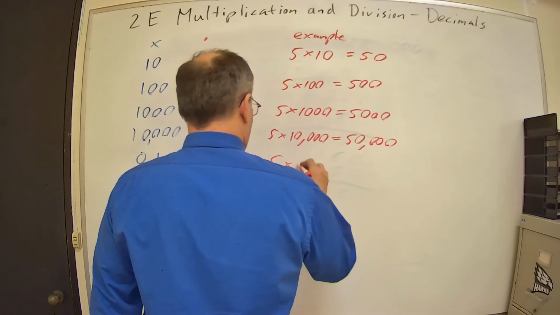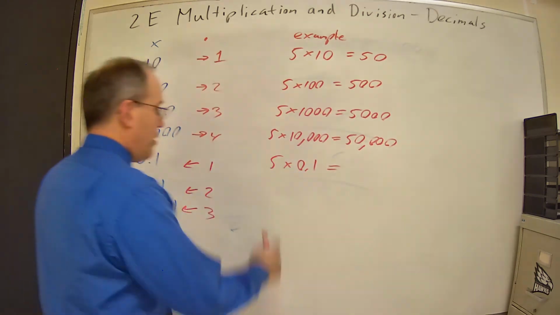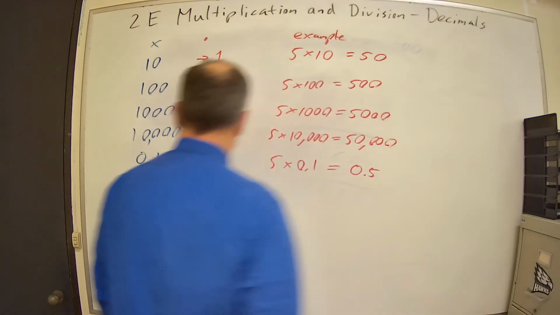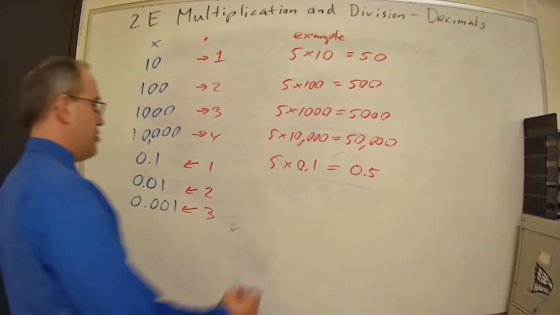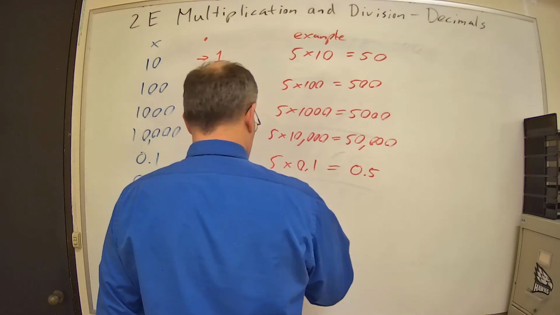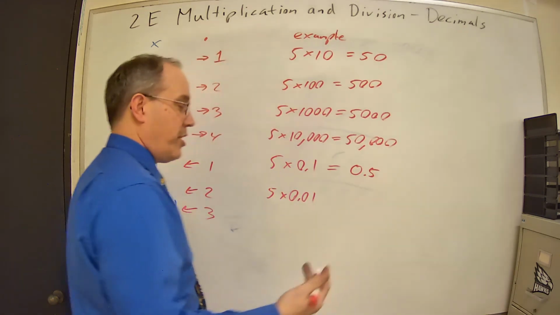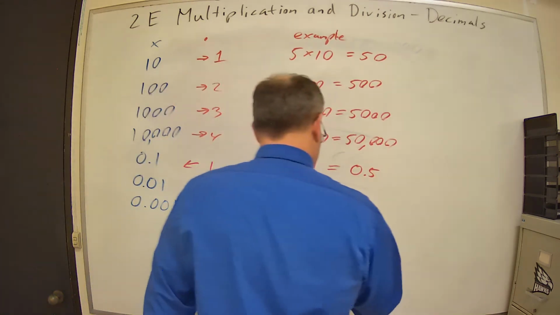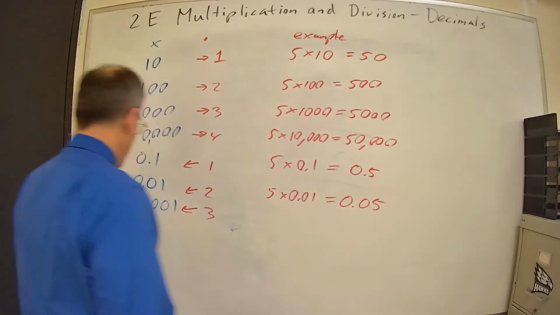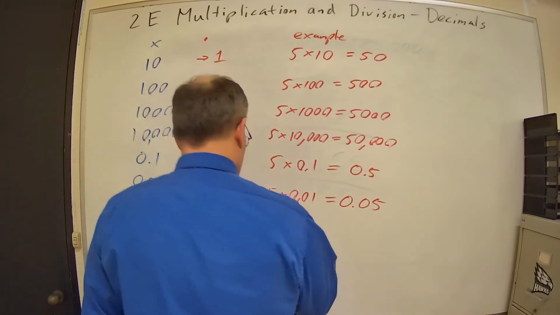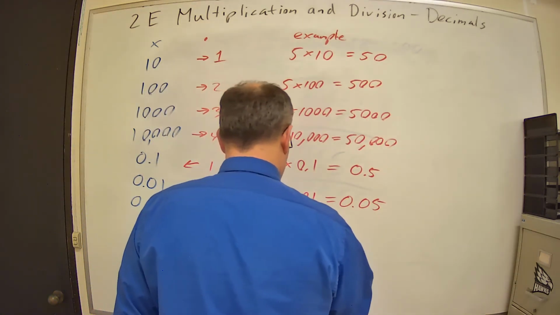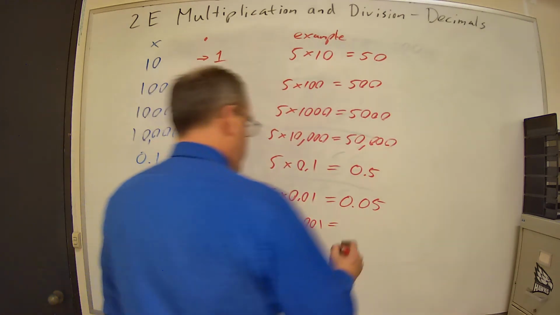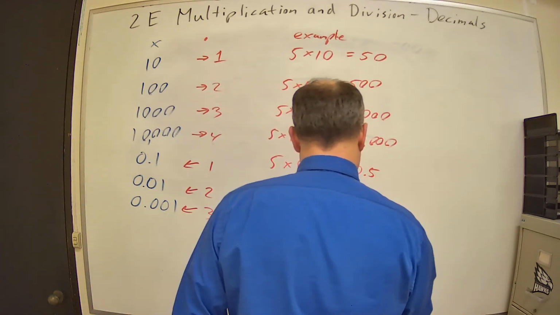Now to the left. 5 times 0.1, move the decimal place one place to the left, you end up with 0.5. 5 times 0.01, or 100th, move to the left by 2 places, 0.05. 5 times 0.001 gives you 5 thousandths, 0.005.